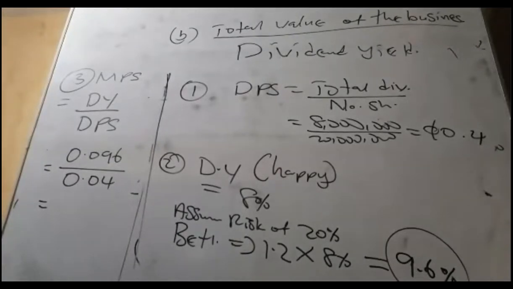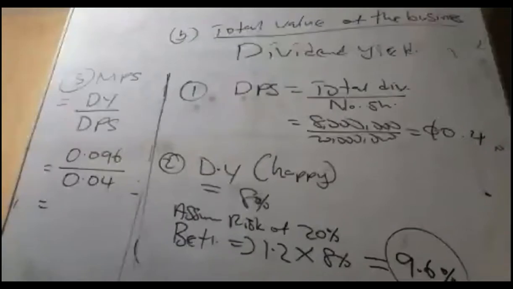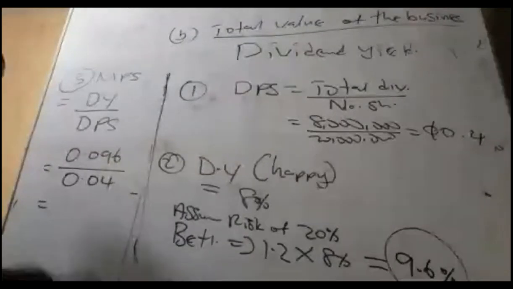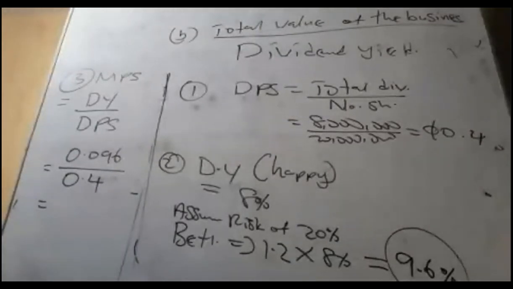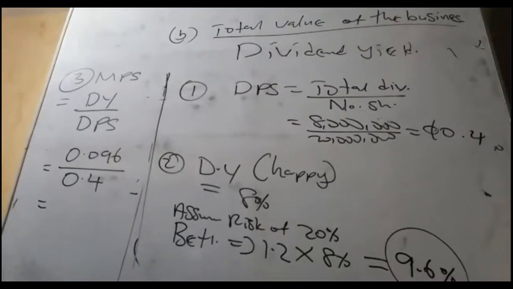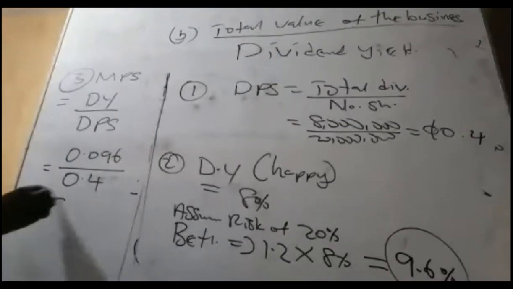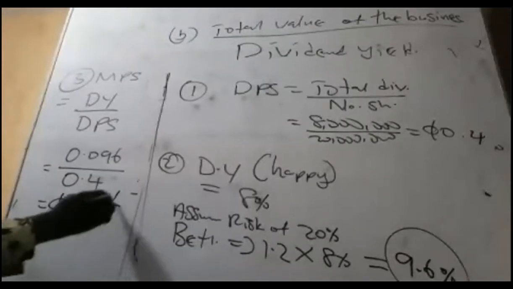It should be 0.096 divided by 0.04, which is 2.4, not 0.24. Okay, so it's 2.4. Good. So the market price is 2.4 per share.